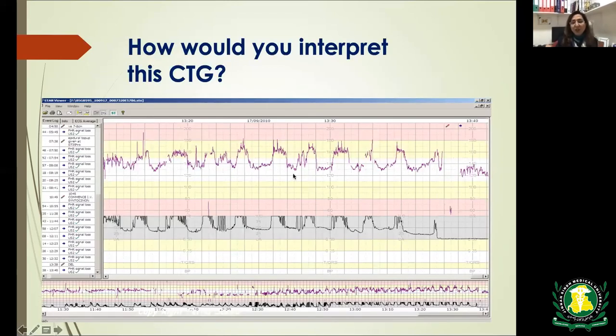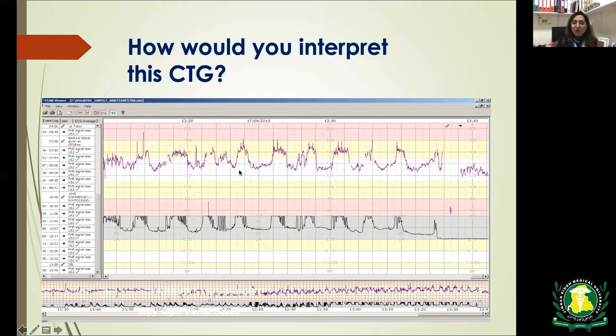This is a maternal pulse, so you can see that people can read this as a fetal heart rate. However, one must understand that during the contraction, the heart rate of the baby would not go up. It's the mother whose heart rate goes up. This is an IUD baby whose mother's pulse was monitored, thinking the baby is alive.